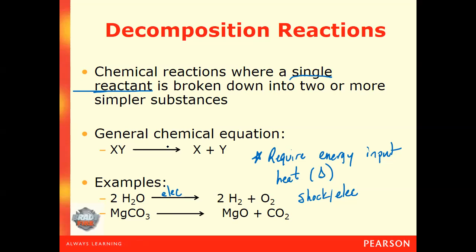With magnesium carbonate, on the other hand, just gently heating it will cause it to decompose. And the products of that decomposition are magnesium oxide and carbon dioxide, which have some important effects. Carbonates are actually very commonly used in dry chemical fire extinguishers.